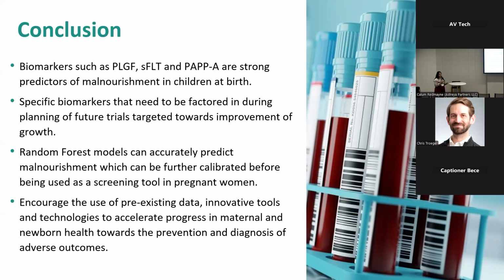And it's good to see that these models and stats corroborate with biologically plausible findings as well. This is what we see in the literature too, that the role of these biomarkers is important in angiogenesis and placental development and implantation. So naturally, this makes sense when we saw these results.